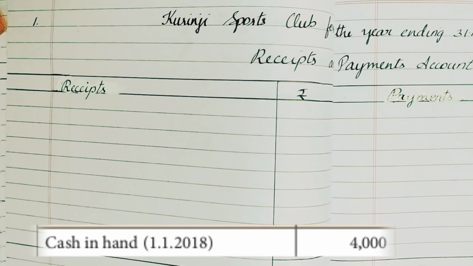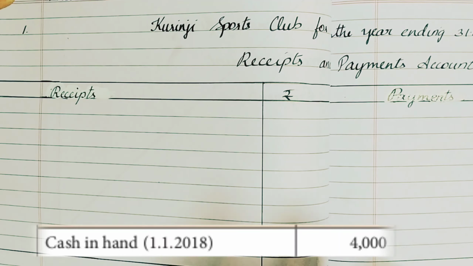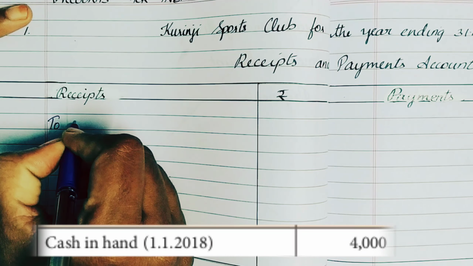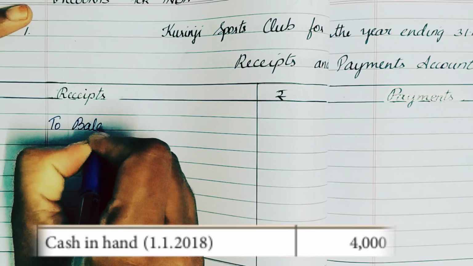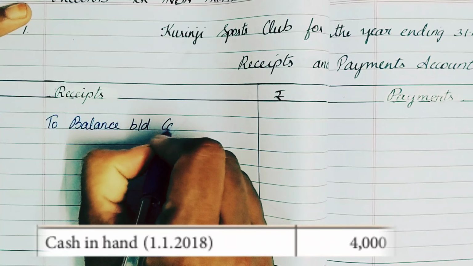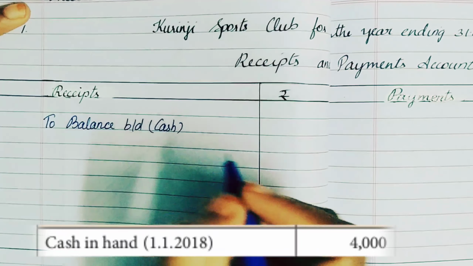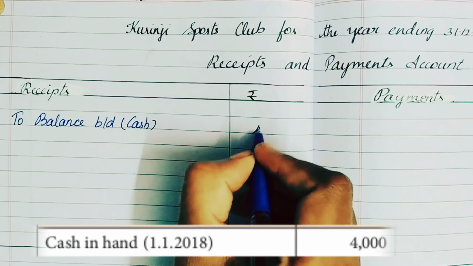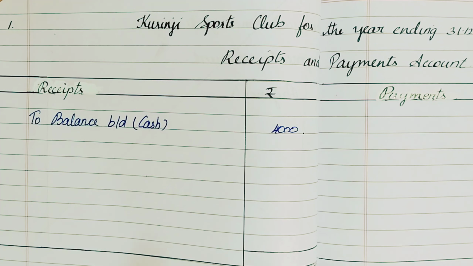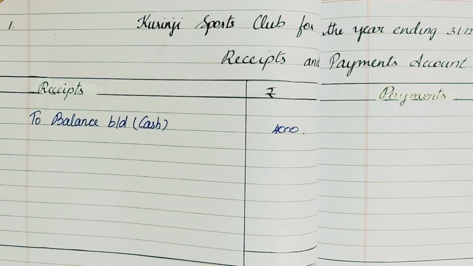Cash in hand is going to be a receipt to us, so it goes on the receipt side, to balance brought down, that is cash balance. That's 4,000 rupees in the outer column. We are not going to do any calculations as far as the receipts and payments account is concerned.